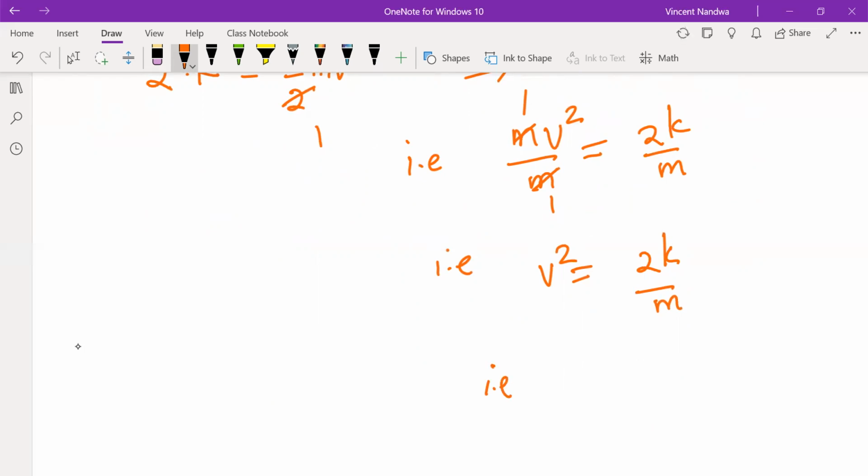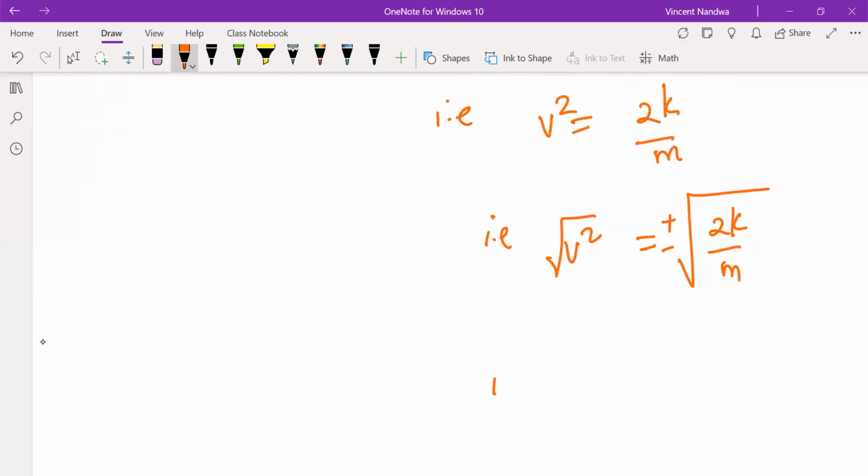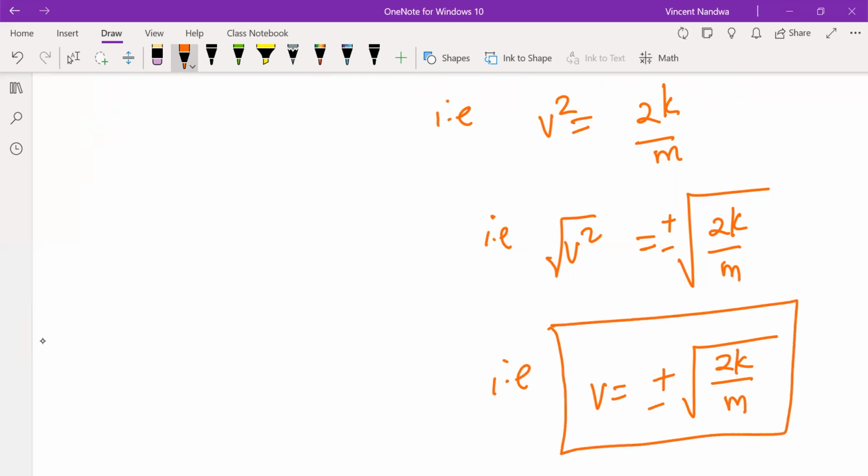So therefore v equals to plus or minus square root of 2K over m. Remember those two signs plus and minus are necessary because of the square root.